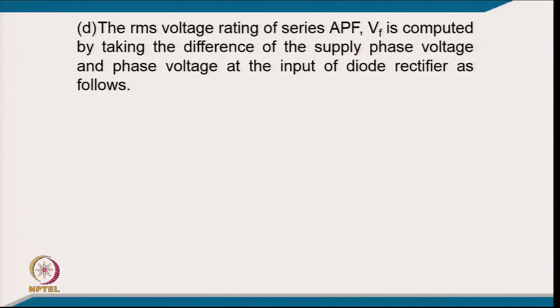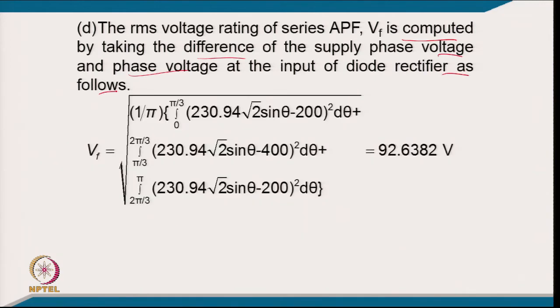And the RMS voltage rating of the series active filter VF is computed by taking the difference of the supply phase voltage and the phase voltage at the input of the diode rectifier as follows. So, we have VF as 3 segments, again of half wave symmetry. We will calculate only for 180 degree.